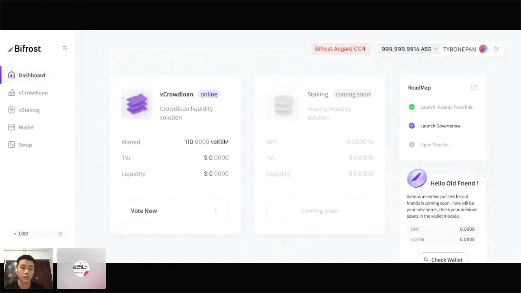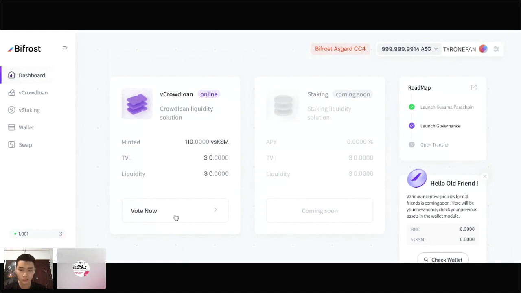The underlying technical pallet is SLP, and we use SLP to do the virtual Crowdloan and to release your liquidity. Actually this one is the testnet of Bifrost, and some of the data is not real.